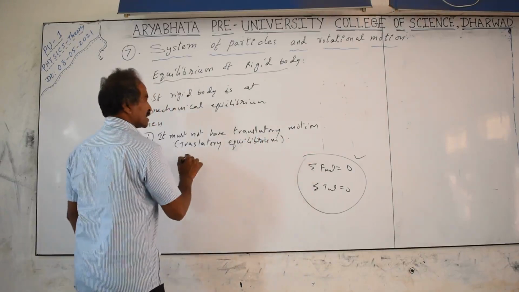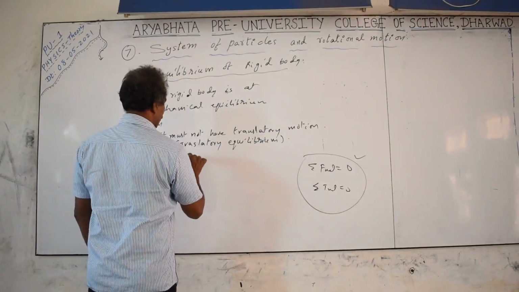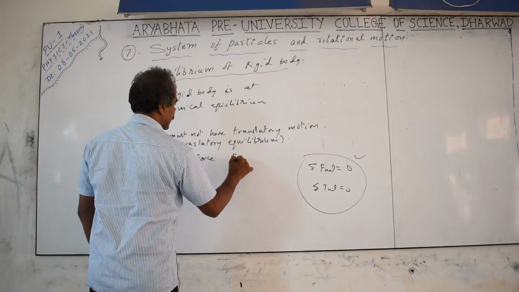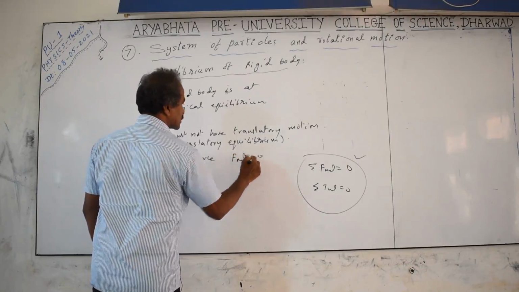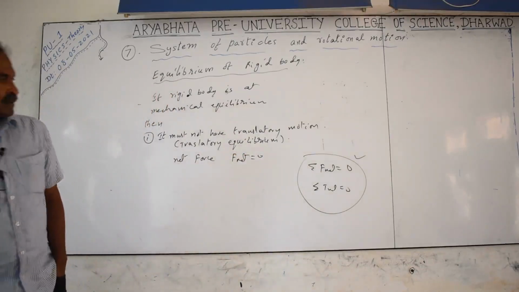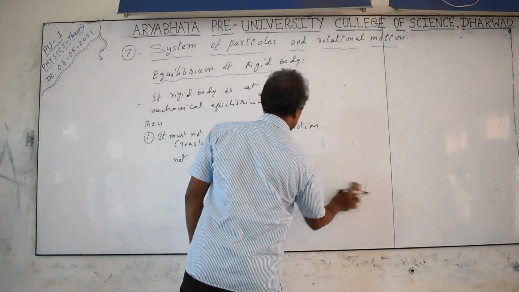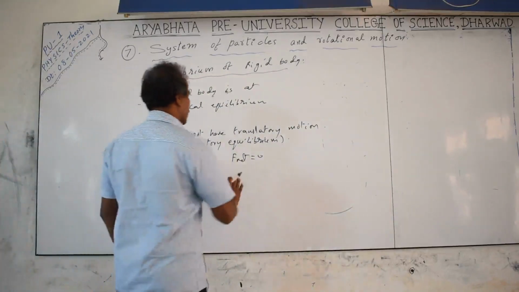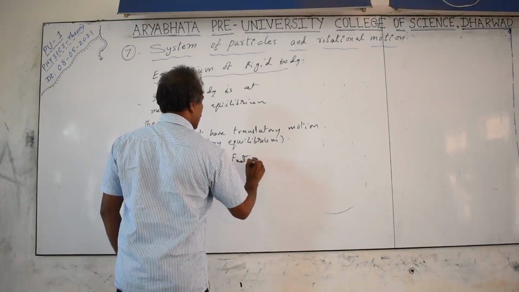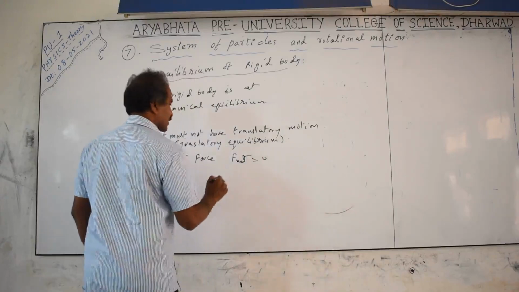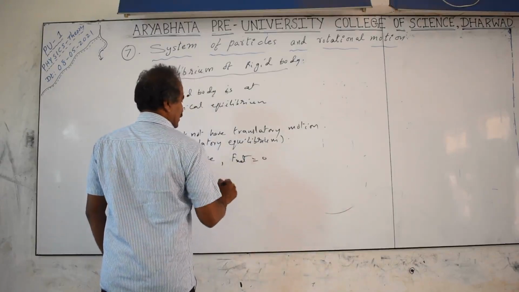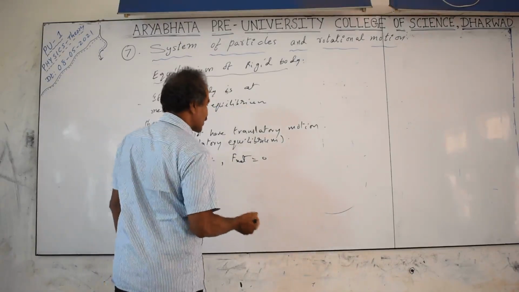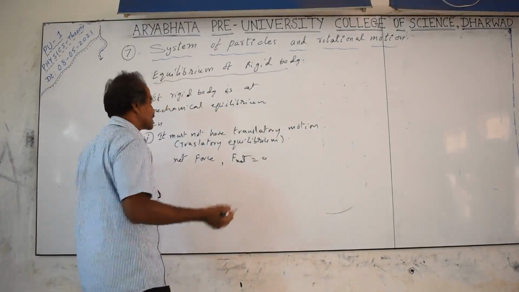That means if net force F net equals 0, the object is said to be in translatory equilibrium. But if the forces are acting in three dimensions, the net force can be along the x-axis, y-axis and z-axis.